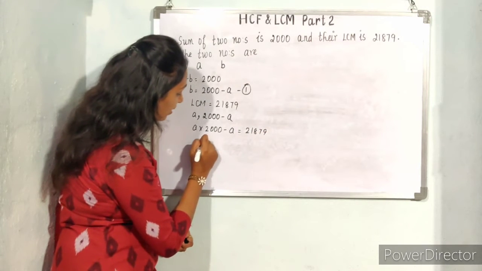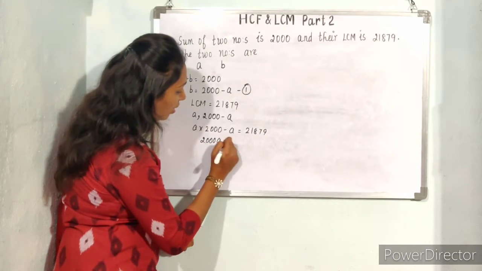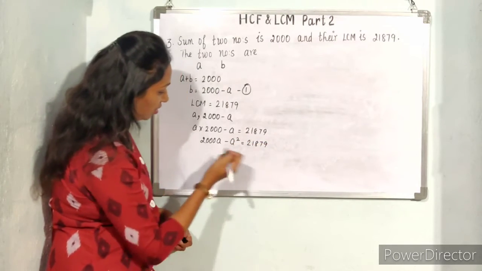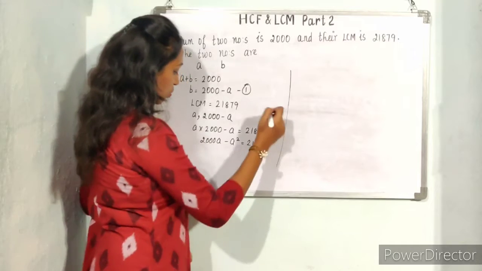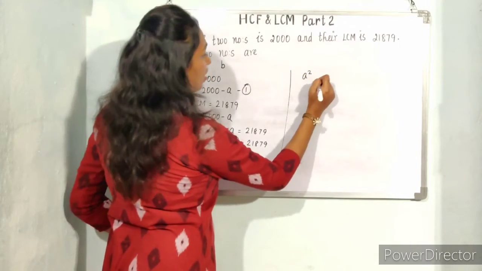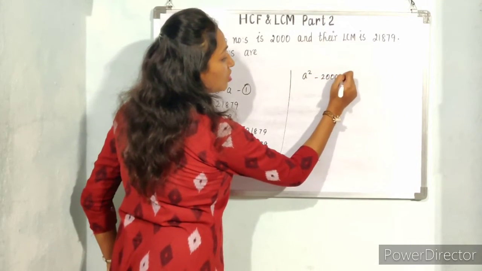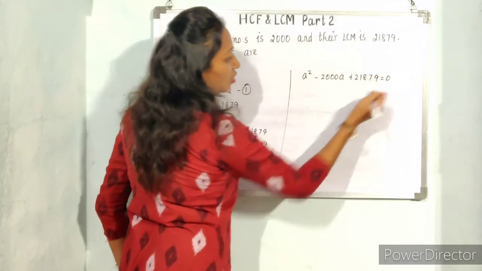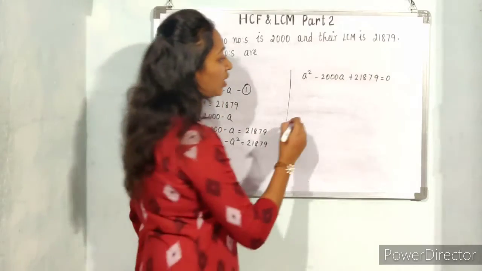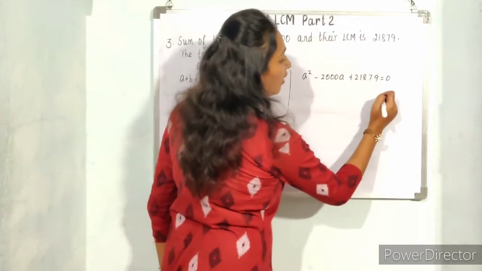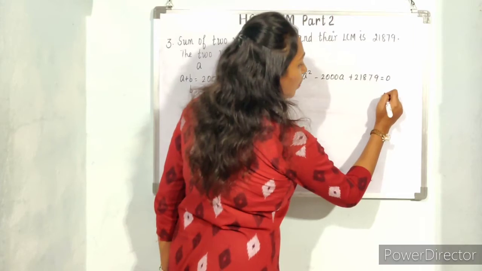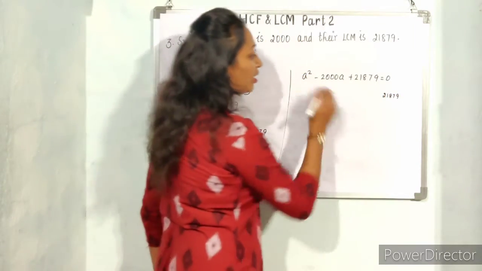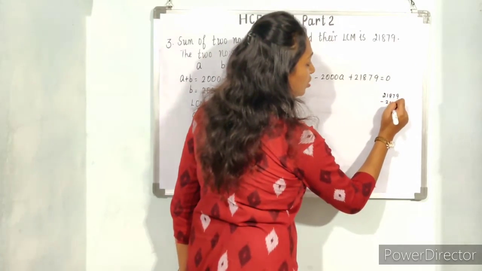So multiplying, we get 2000A minus A square equal to 21879. We'll take it to the other side: A square minus 2000A plus 21879 equal to 0. Now you have to find two numbers whose product is 21879 and whose sum is minus 2000.